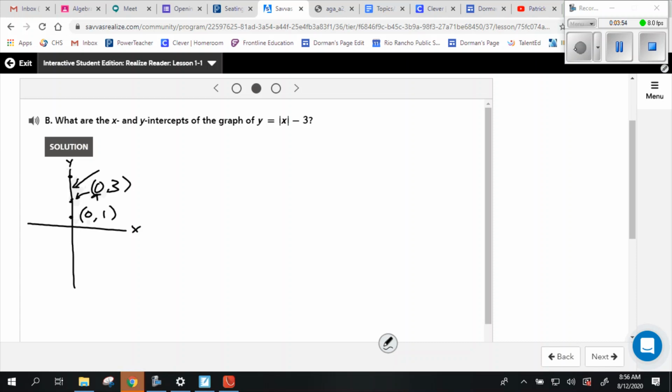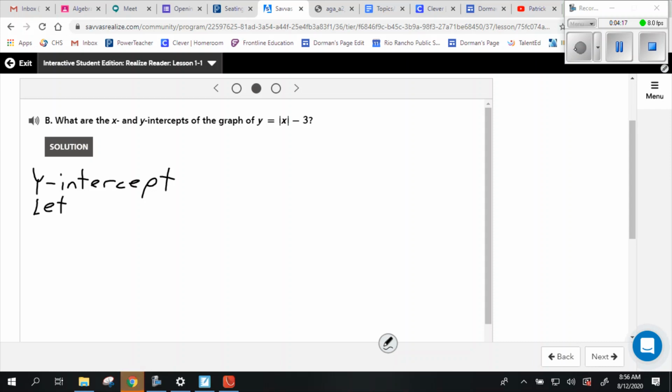So what would I do if I wanted to find my y-intercept? Well, for my y-intercept, we're going to let x equal 0. So that's what we're going to do first.